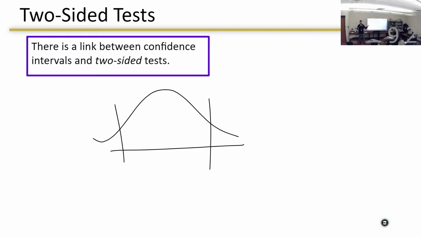But here's what I do want you to understand, because it's another type of question. If this is a 95% confidence interval, that must mean that alpha is 0.05 because it's what's left over. If it's a 99% confidence interval, now alpha is 0.01. So alpha is whatever's left over from the interval.